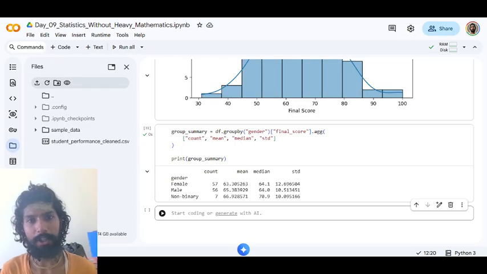Now let us understand correlation. Correlation measures how strongly two numerical variables move together. For example, we may ask, do students who study more hours tend to receive higher final scores? So this is our question.